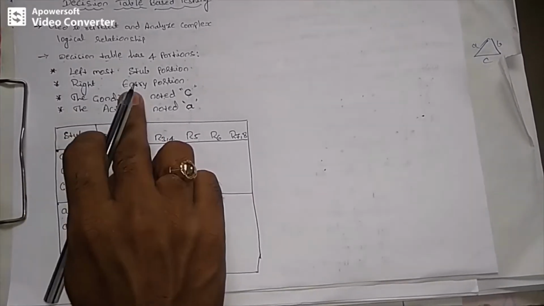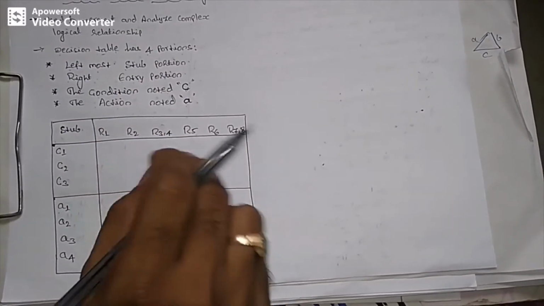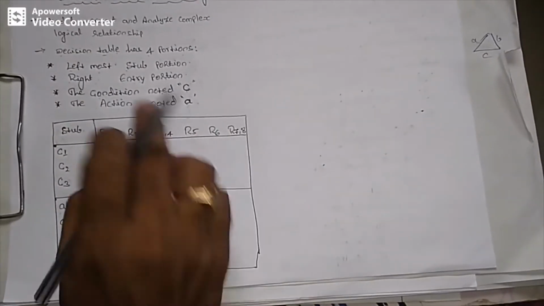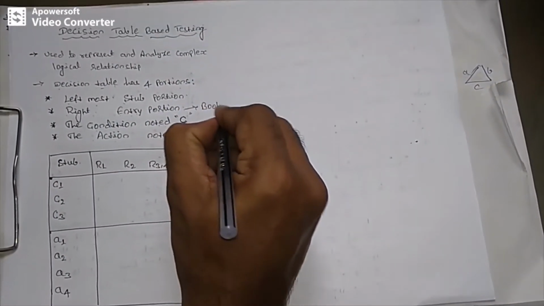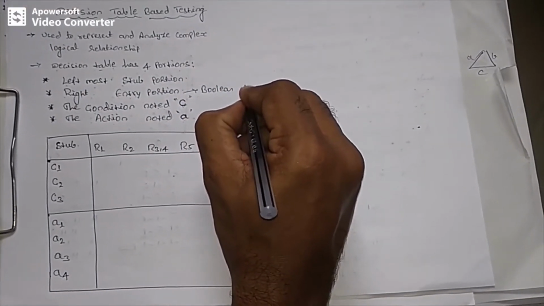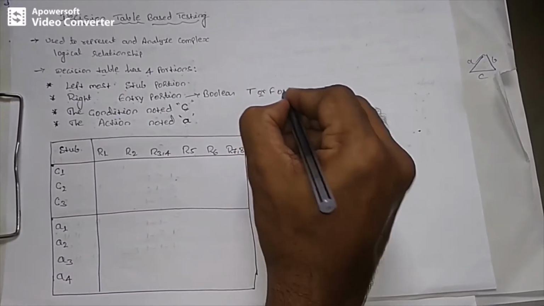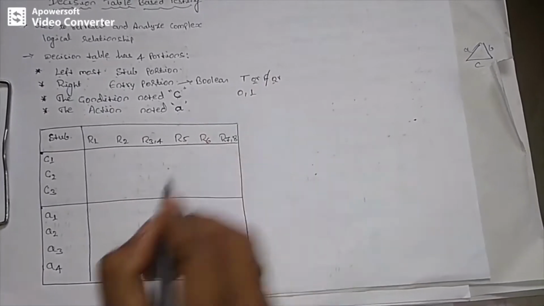The entry portion is where we enter Boolean values. The entry portion is filled using Boolean representations, either true or false, or we can also represent it as 0 or 1.